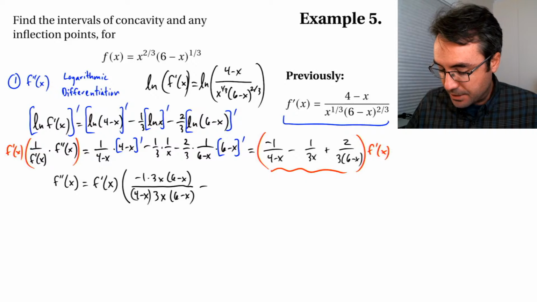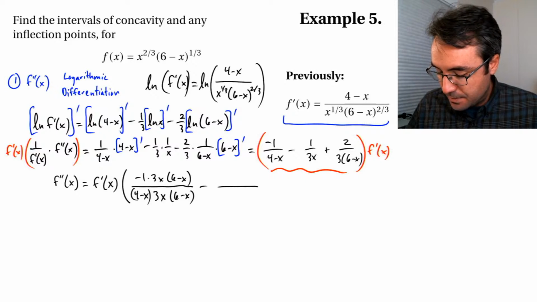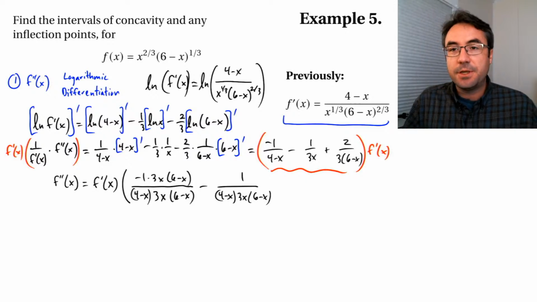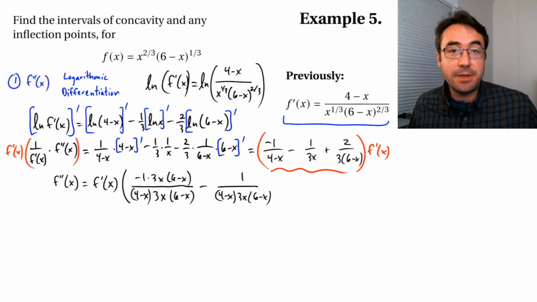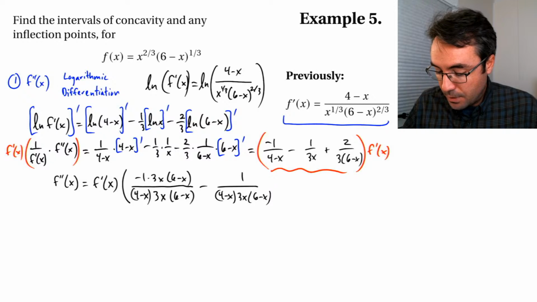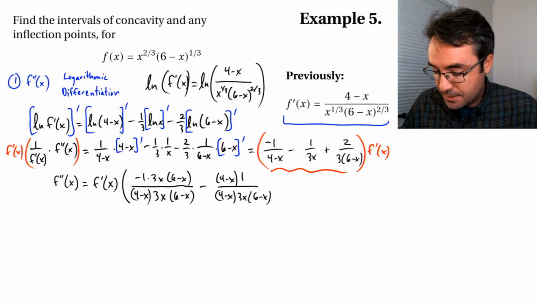Anything that we do to the denominator, we have to put in the numerator as well. Then for our next fraction, we want to have that common denominator. It was originally the 1 over 3x, so what did we have to additionally put in the denominator? Well, we had to put the 4 minus x, and then we have to put the 6 minus x.